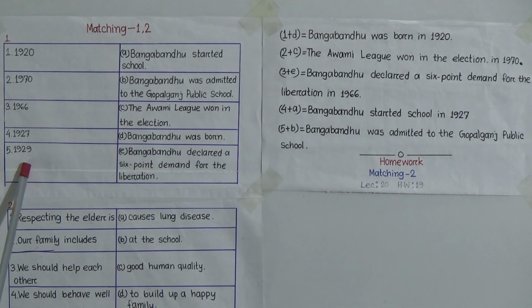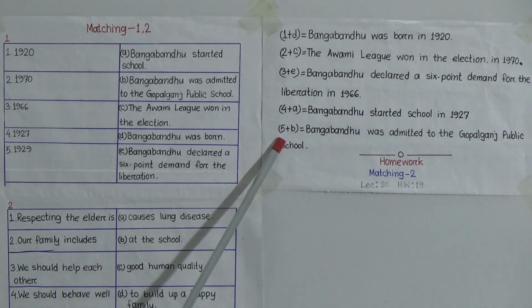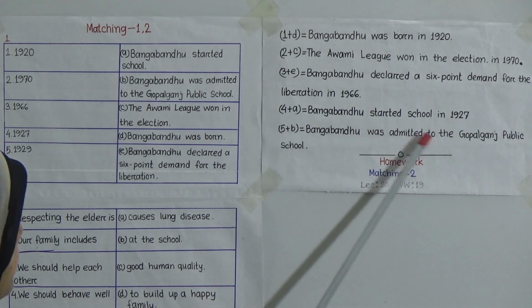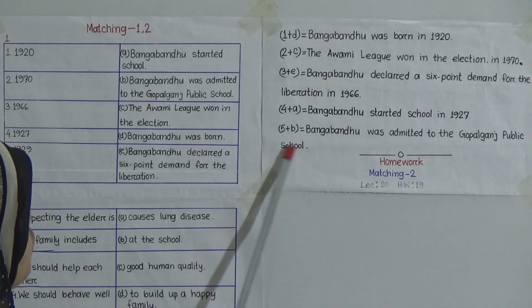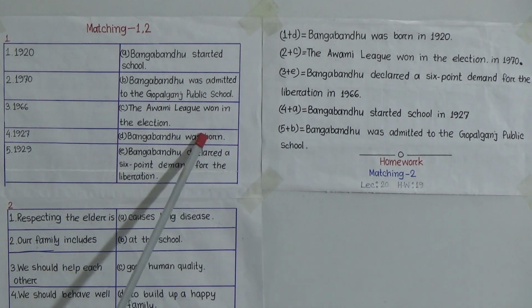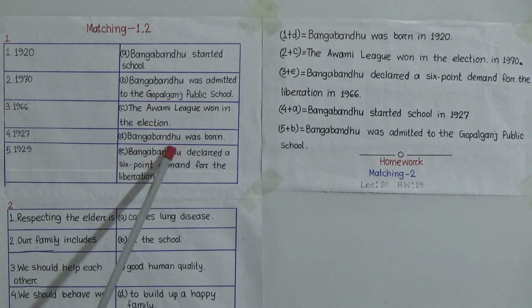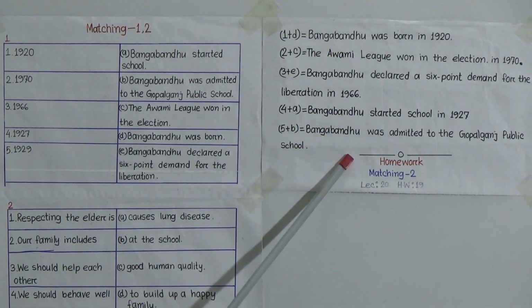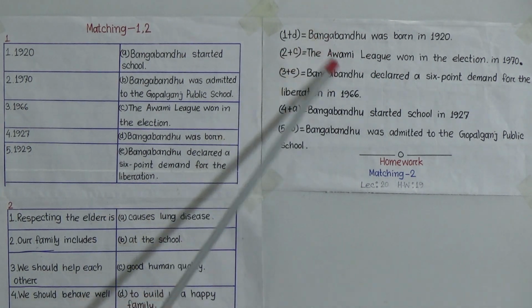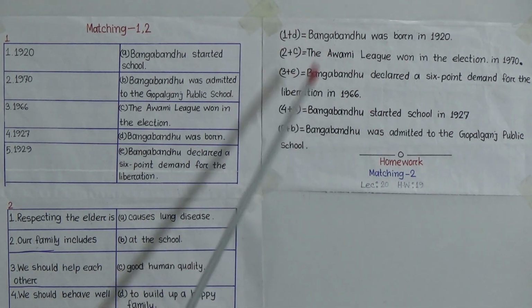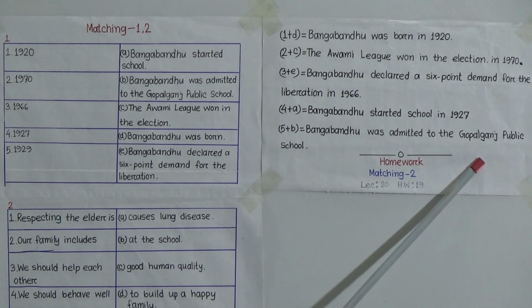So here we'll find the sequence 5 plus B. The sentence is Bangabandhu was admitted to the Gopalganj public school. Students, I hope you can write the answer. It was your homework in the earlier class, but most of the students made mistakes in writing the sentences. So I hope you can answer it correctly. You have to write like this, first the sequence and then the full sentence.